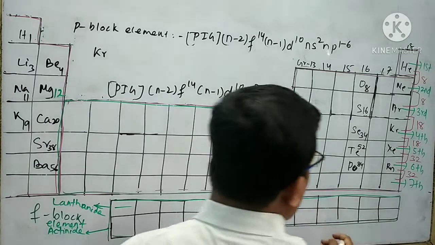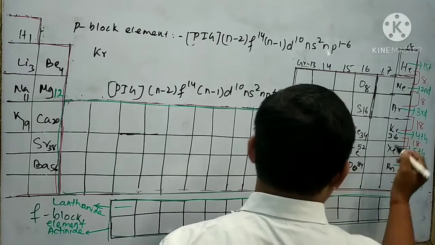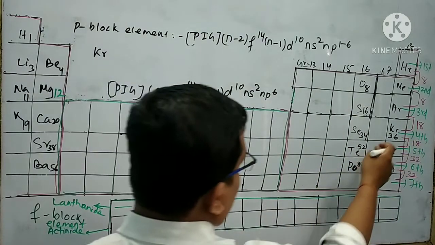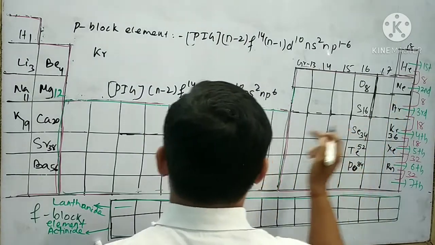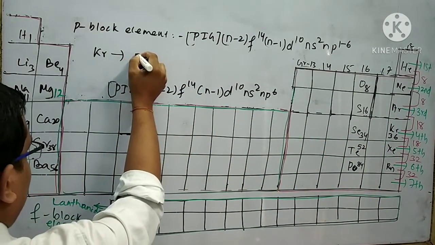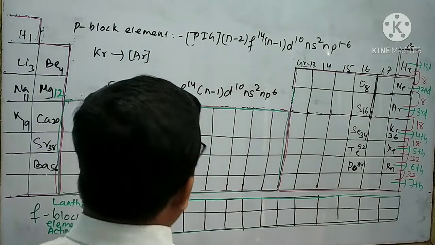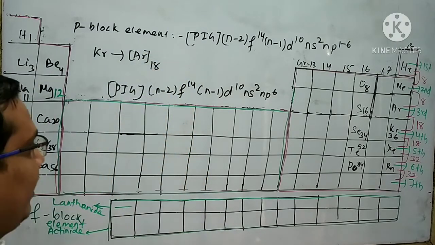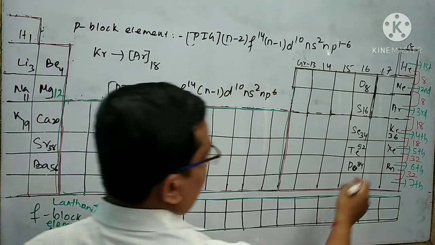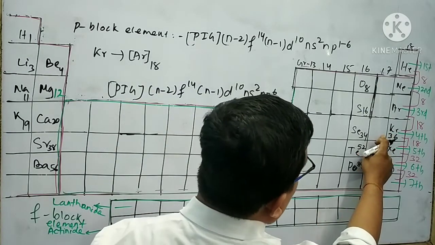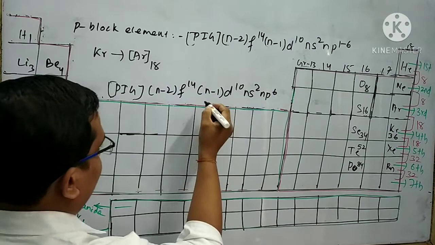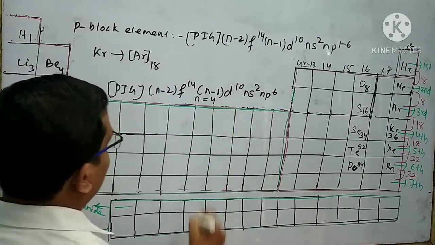The atomic number of krypton is 36. The previous inert gas of krypton is argon, so at first it is bound to write argon. The atomic number of argon is 18. Krypton belongs to the fourth period, so here n is equal to 4.